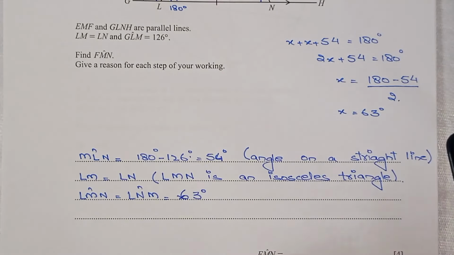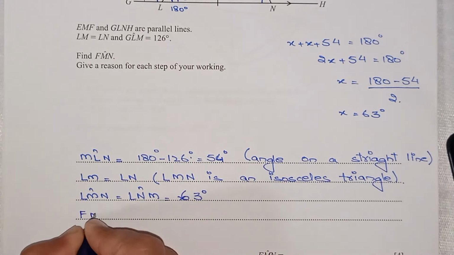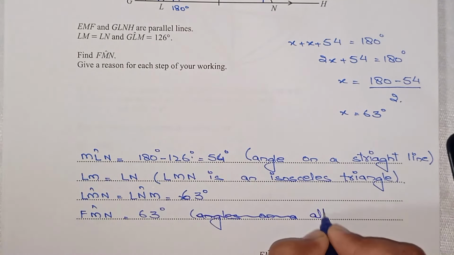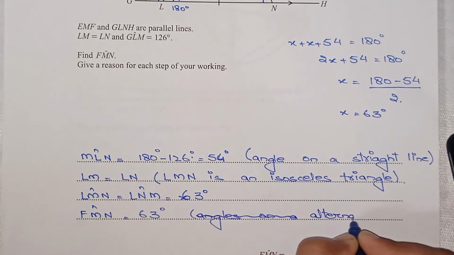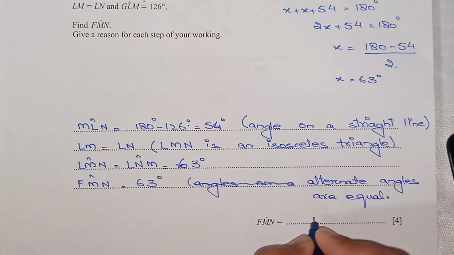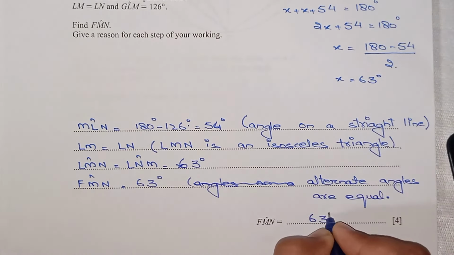So we can make a statement that FMN is equal to 63. Alternate angles are equal. So that angle is 63 degrees.